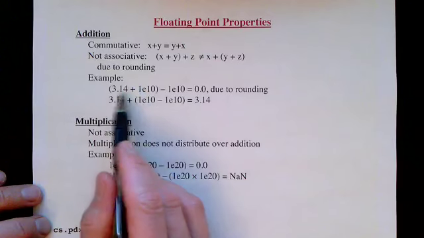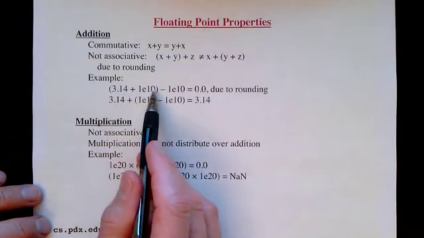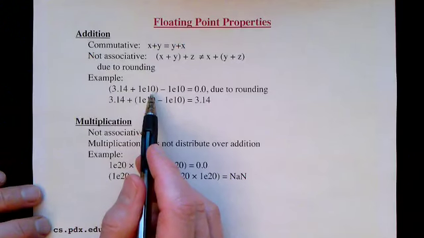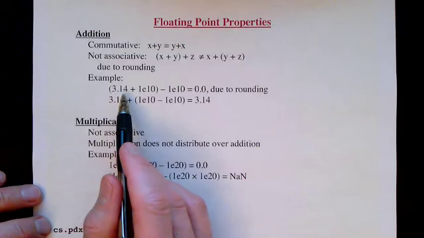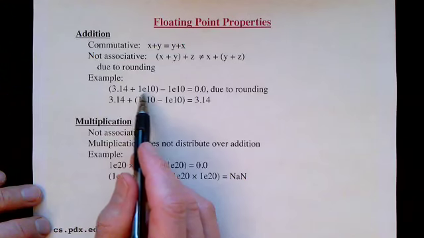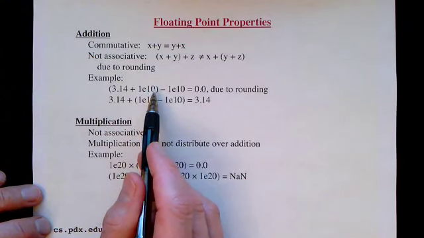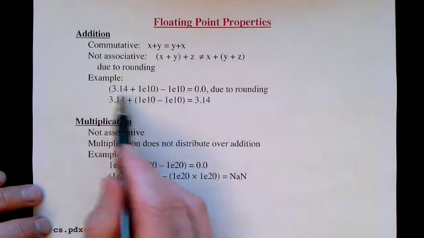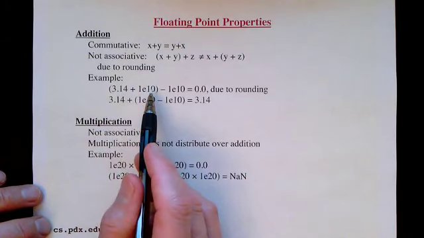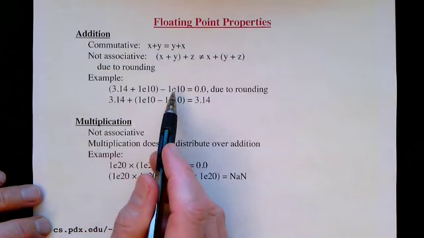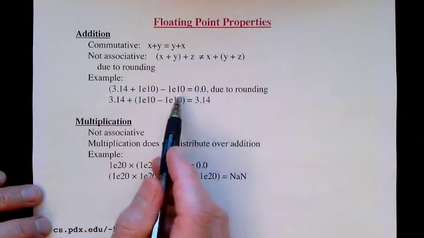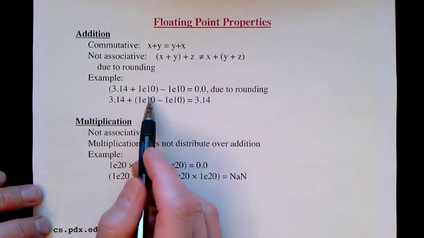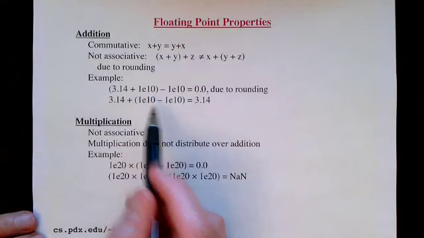Here, what happens is we add 3.14 to this very, very big number, and because of limited precision, the 3.14 is just lost. It's such a small number in comparison to the 1 times 10 to the 10th that the result of this addition is exactly 10 to the 10th. And then when we subtract 10 to the 10th, we get 0. So the order of the operations can make a difference.